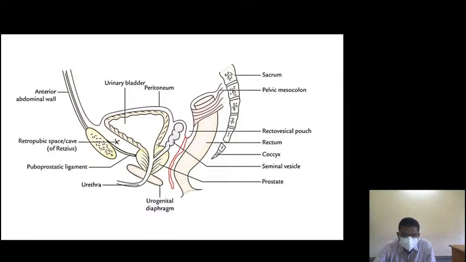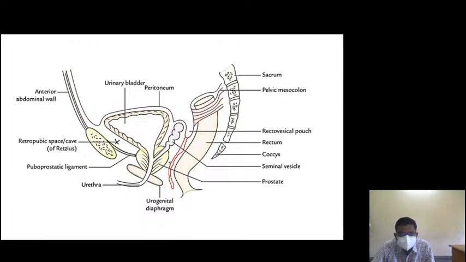If you look at this prostate gland, it is in close relation with the ampulla of the rectum. In case of benign prostatic hypertrophy or carcinoma of the prostate, where the posterior lobe is commonly affected in carcinomas, the surgeon will perform a per rectal examination, where his fingers will touch this region, the rectal ampulla.